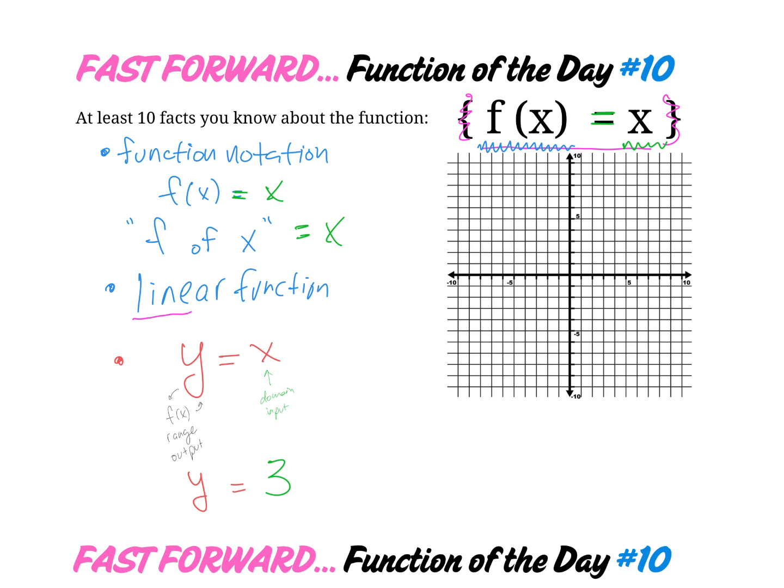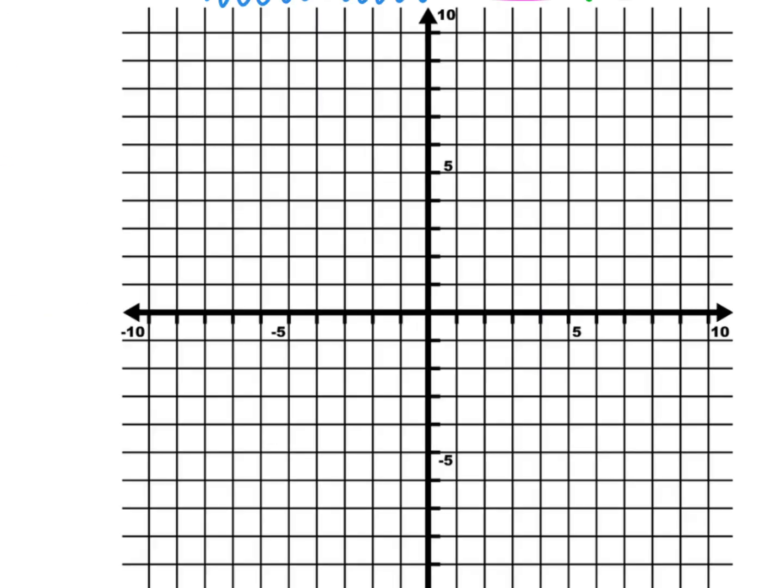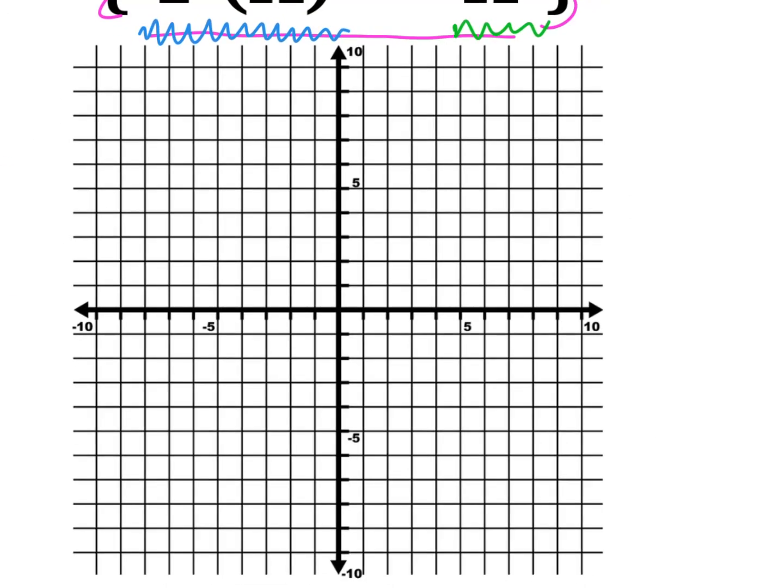This now says y equals 3 because we chose x equals 3. So check it out. Now we happen to have y equals 3 and x equals 3. We can put that on this graph. So where does that happen? Okay, well, here is 1, 2, 3. That's where x equals 3.